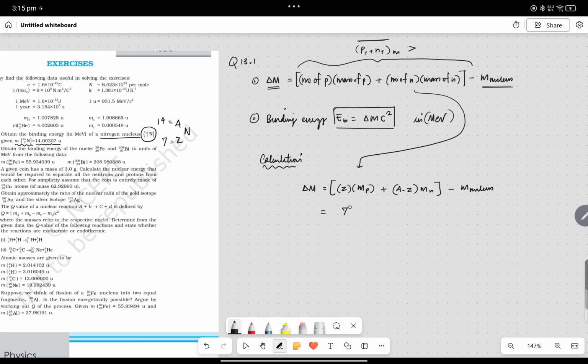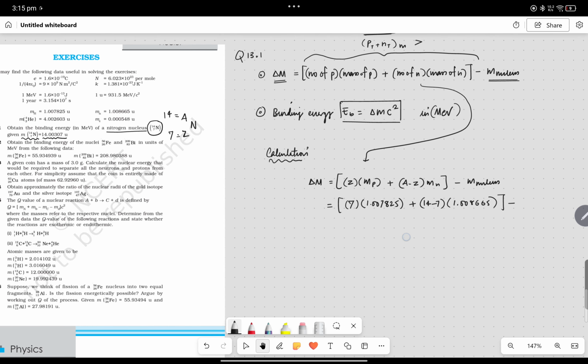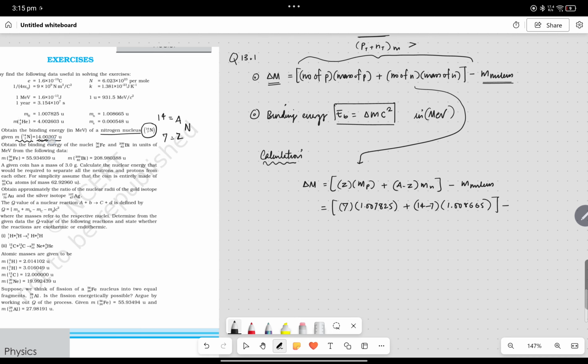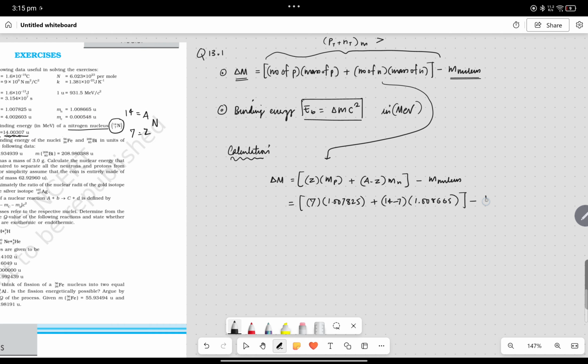So we have to just put in the values. Z is 7 here, and the mass of proton we know from the theory is 1.007825, and we have A minus Z as 14 minus 7, and the mass of neutron we have is 1.008665, and the sum of that minus the mass of the nucleus that is given here, 14.00307, right?